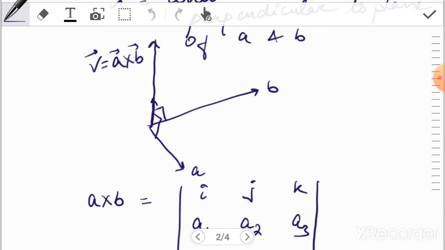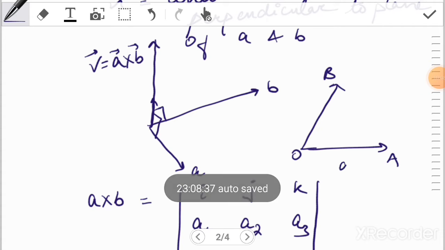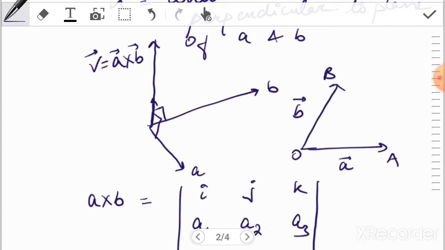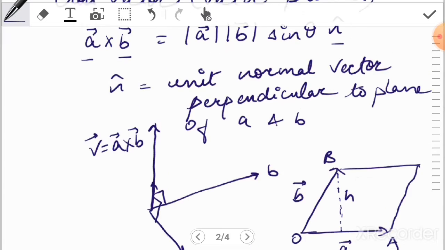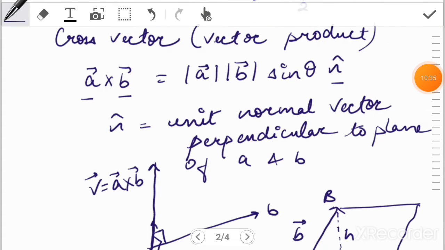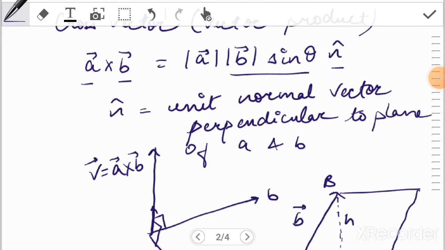Yes, A cross B. So if we draw this as OA and OB, this is vector A, this is vector B, and if this is the height, let us extend this, where B sin theta is the height of this parallelogram.